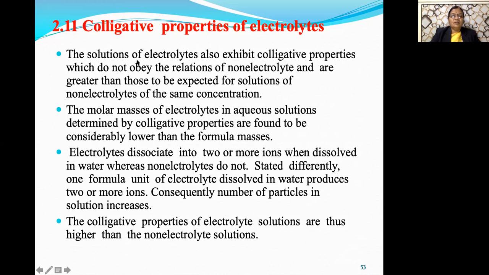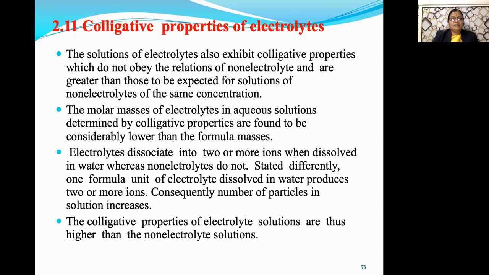Followed? Now the solutions of electrolytes also exhibit the colligative properties that we have studied. But the relations that we derived for non-electrolytes are not the same for electrolytes. For solutions of electrolytes, the colligative properties are greater than expected for solutions of non-electrolyte of the same concentration.